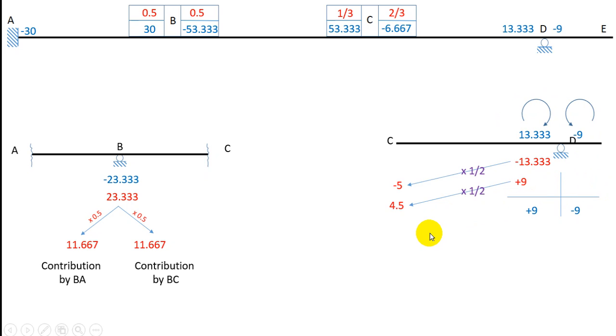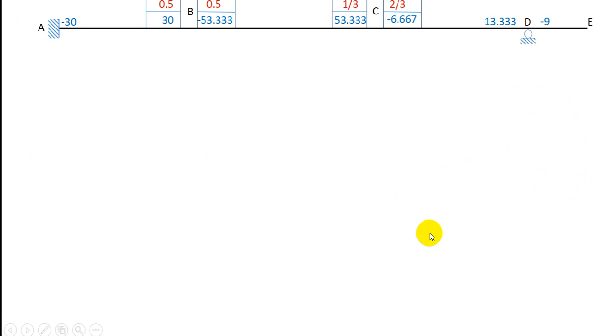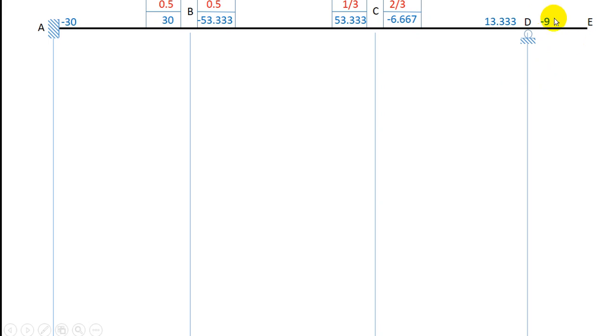So let us move to the next step, which is iteration of moments of the beam. I've drawn the beam again with distribution factors and fixed end moments, and let us first balance this joint as we saw previously. We'll do it quickly.